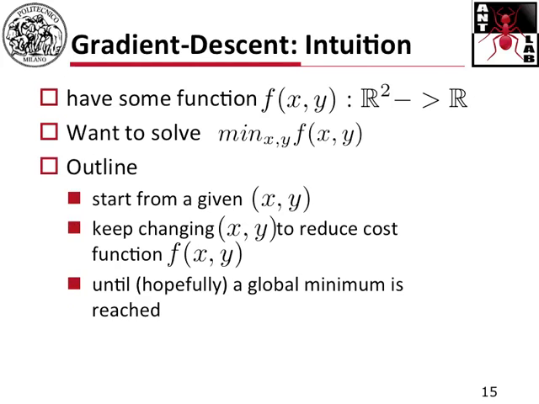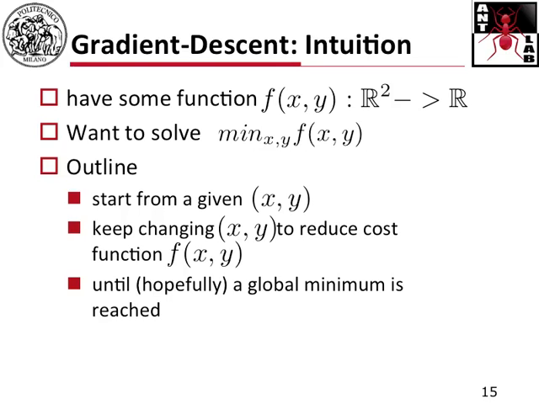Have you heard about gradient descent before? No? Yes? So gradient descent is basically one of the fundamental algorithms in the field of machine learning, or algorithms in general. And the sketch of this algorithm is very, very simple and stupid.